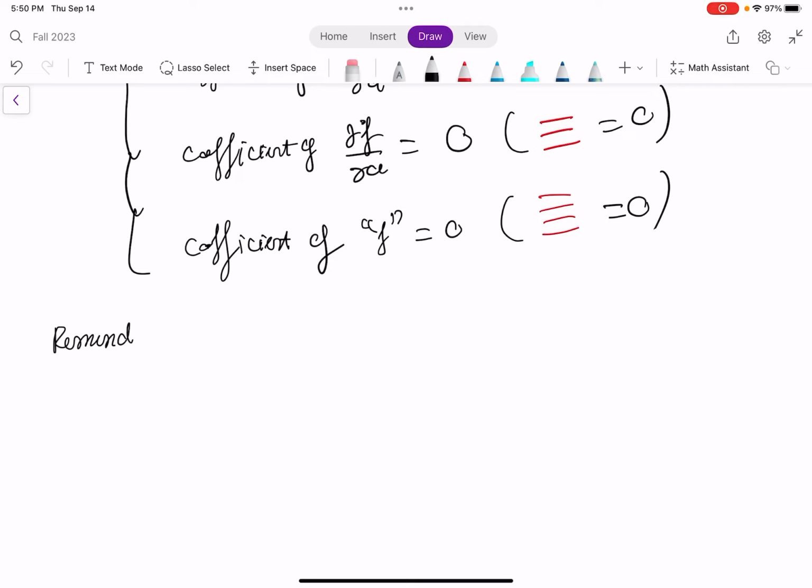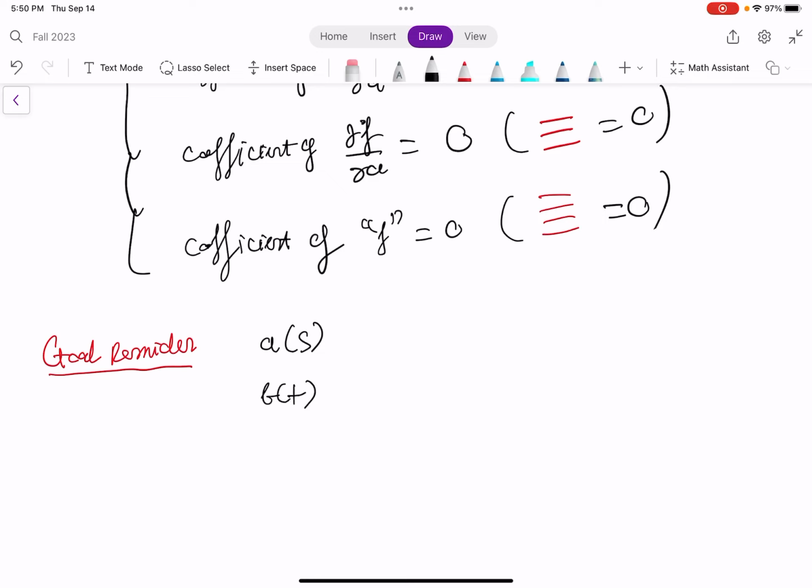Reminder. So the goal is to find a as a function of s and b as a function of t, right? A is a function of s, b is a function of t, right?